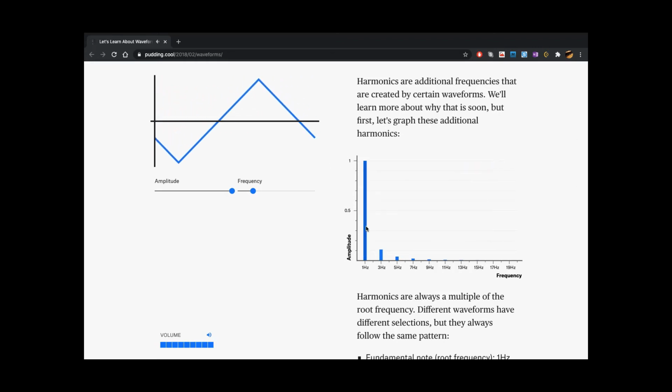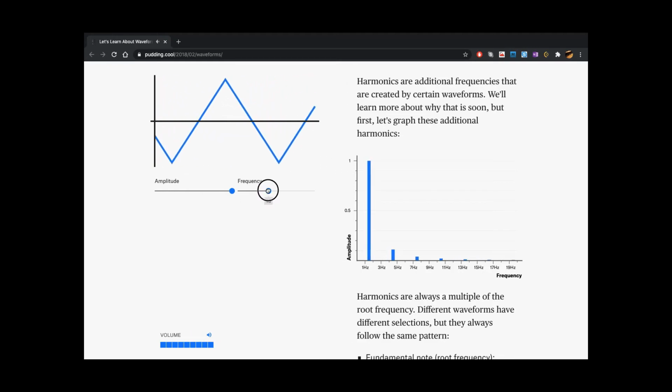So this is 1 Hertz, then 2 Hertz, 3 Hertz, 4 Hertz, 5 Hertz. All these are harmonics, basically the integer multiples. If I make it 1.5, you can see the harmonics also have shifted to 1.5, 3, 4.5, 6, 7.5, like that.